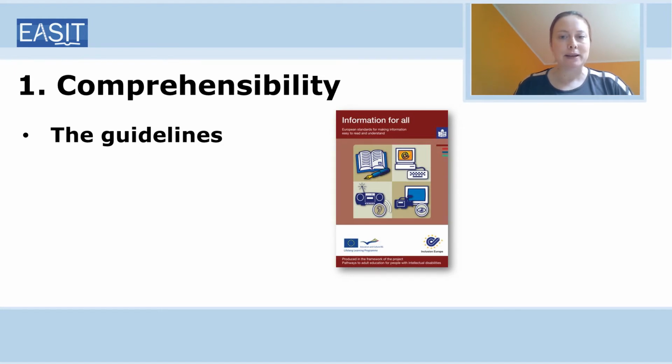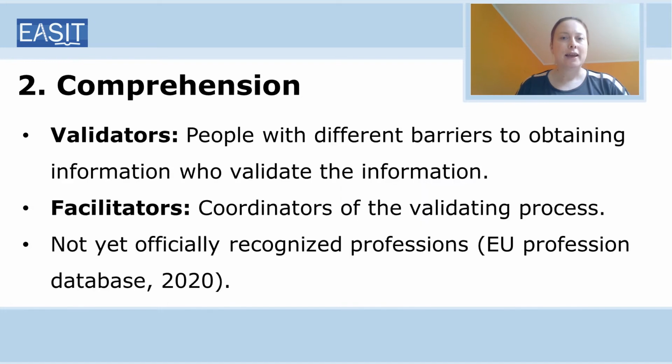Validating comprehensibility is, however, not enough for applying the logos used as examples earlier. The process, namely, also requires validating comprehension. The key actors in this are validators, people with different barriers to obtaining information. They validate the information.